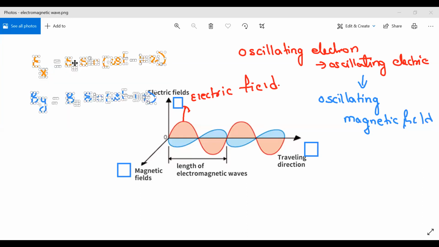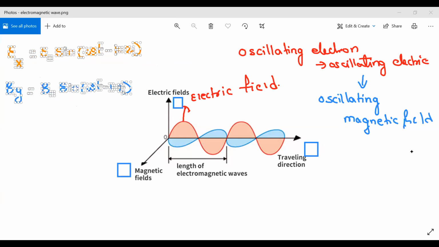Two waves are traveling in which direction? Read it properly. Or I'll write it as kz minus omega t. So the wave is propagating along the z direction.